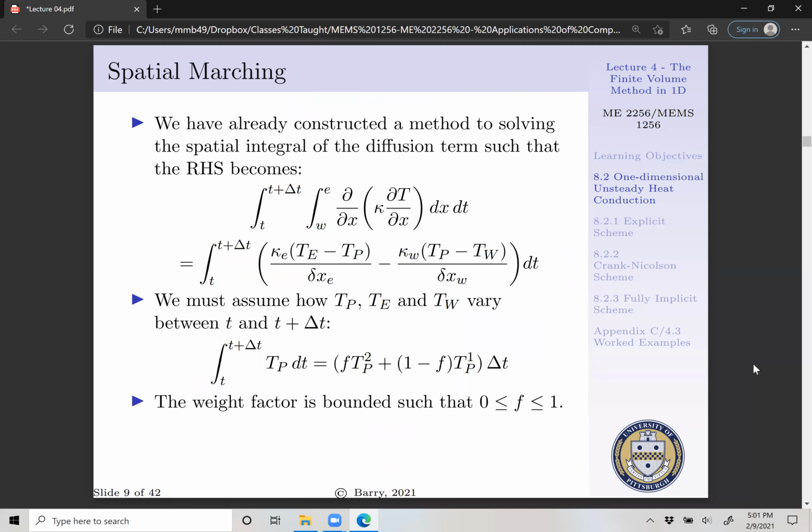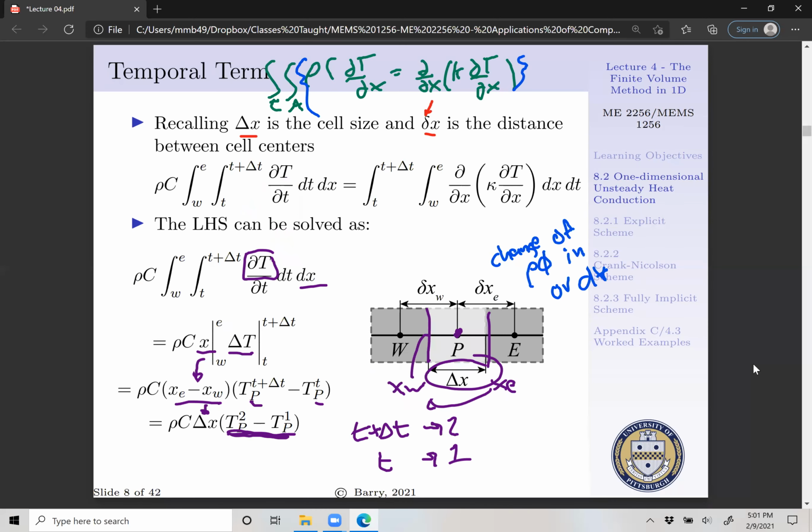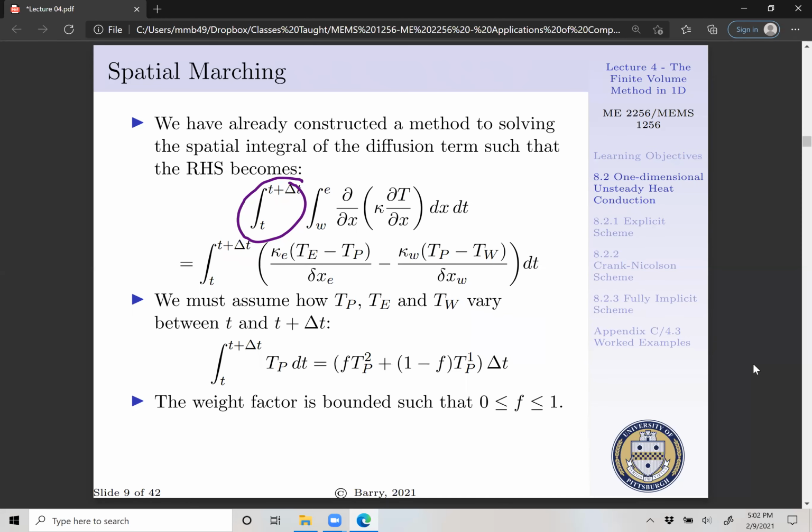We know how to do the right-hand side, at least when we did our integration with respect to our spatial domain. However, we have our temporal term. So what we're going to do is I have this integral hanging on the outside. And you might have said, well, you had time on the inside and time on the outside in the previous equation. There's a reason for this.